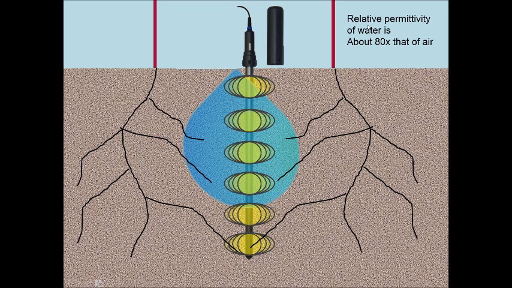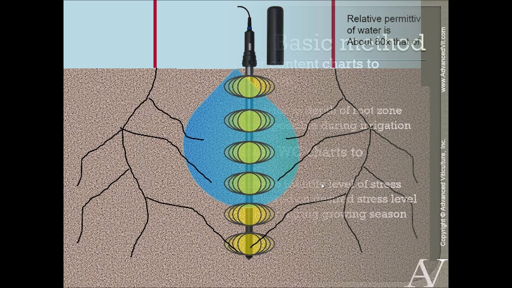And the permittivity of water and air happen to be at polar opposite ends of the spectrum. And the pore space in the soil is either going to be filled with water or filled with air. And so because of that, we can measure the relative amounts of water and air using the capacitance. This actually becomes a very sensitive measurement of the moisture content in the soil around the probe. So convenient for us and a very, very nice way to measure soil moisture.